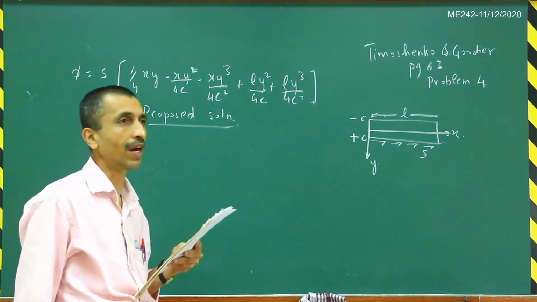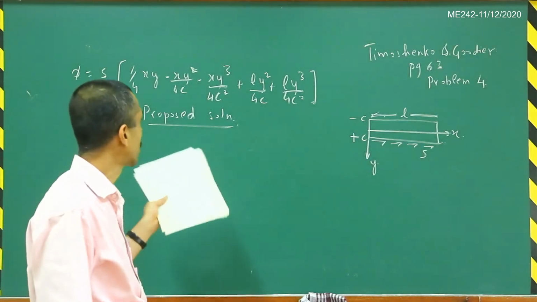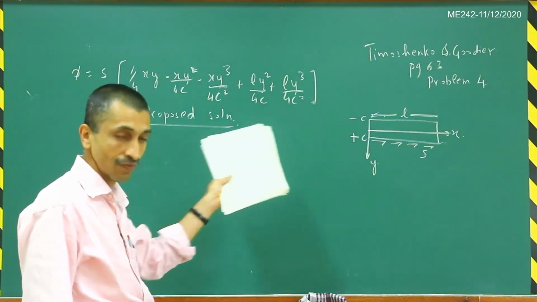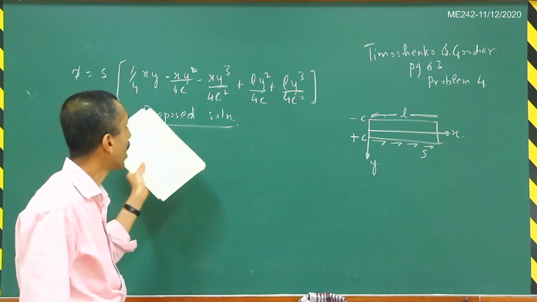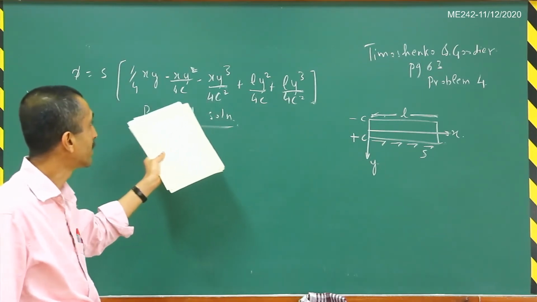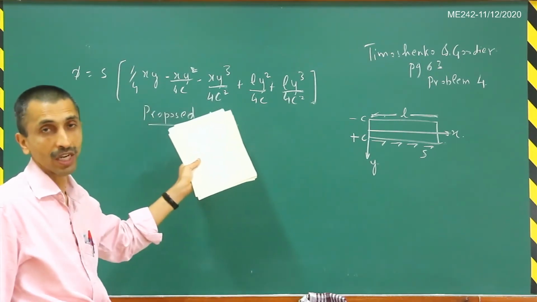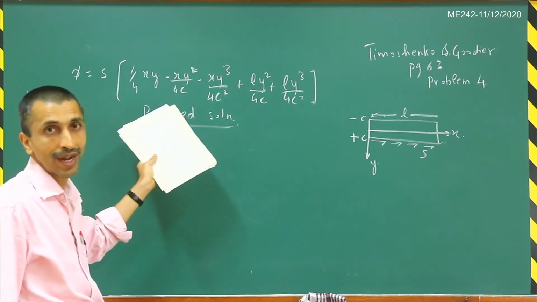Okay, and then now we have to figure out whether this solution satisfies all the boundary conditions. Now you may wonder how did we get this? You will see that first of all it satisfies the biharmonic equation. If you compute del raised to 4 phi, you will find that it is equal to 0.